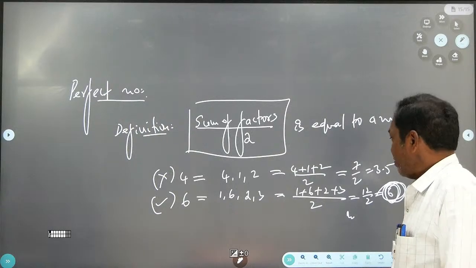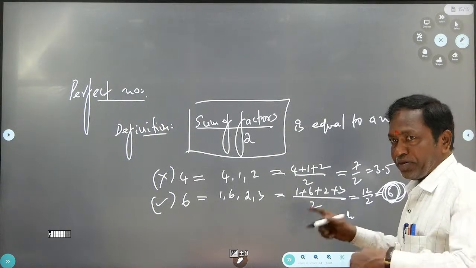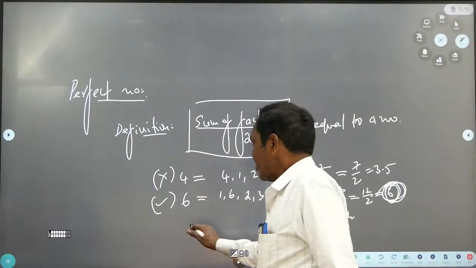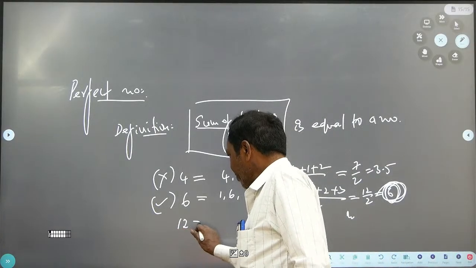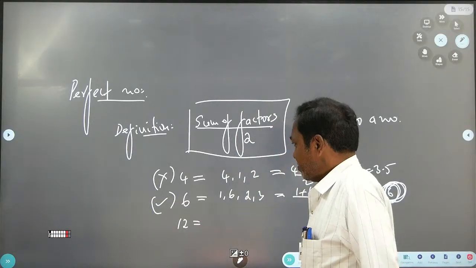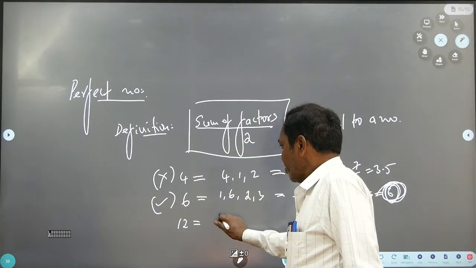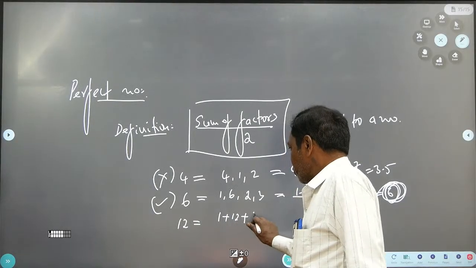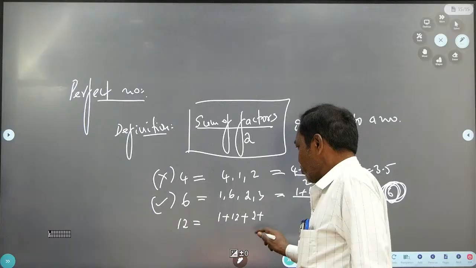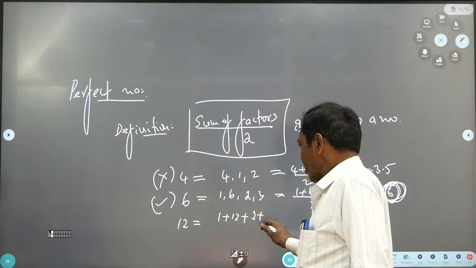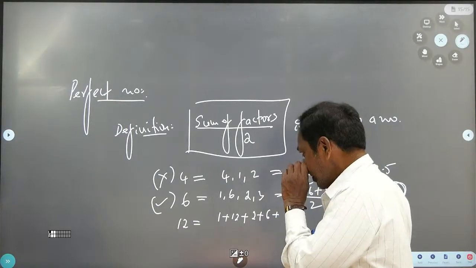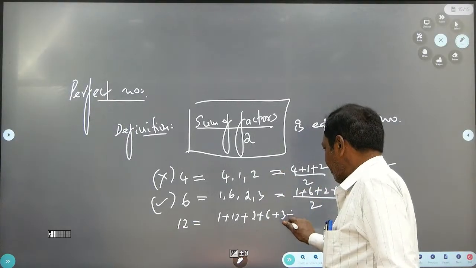Then we have to check whether multiples of 6 are possible or not. Let us take 12. We don't know, I am trying now. What are the factors for 12? 1 plus 12, 2 plus 6, 3 plus 4. You can see them as pairs.